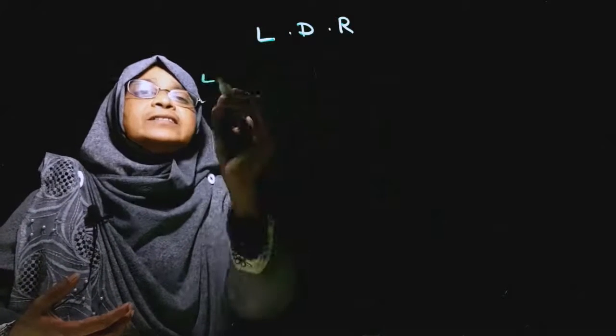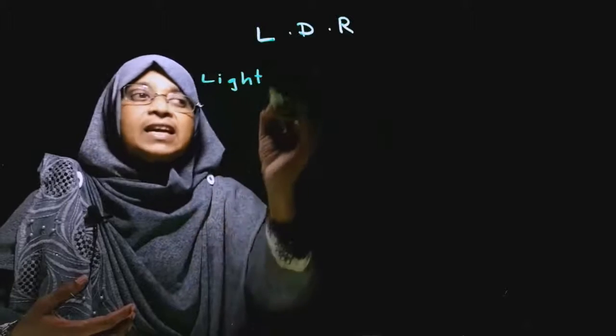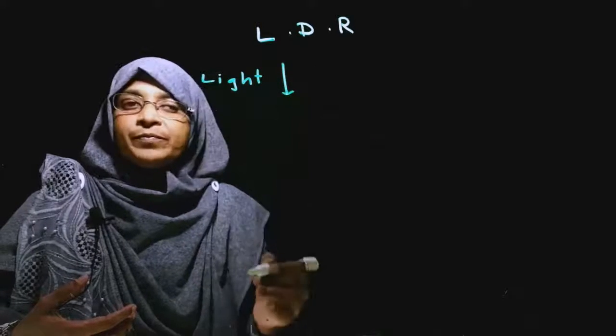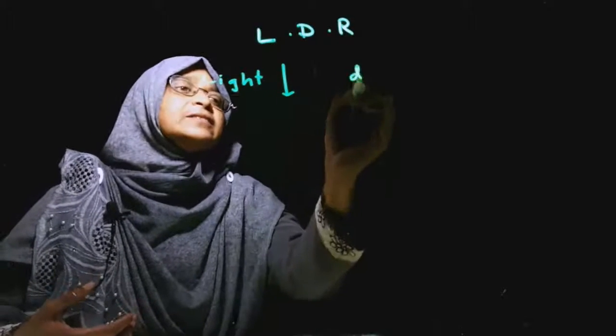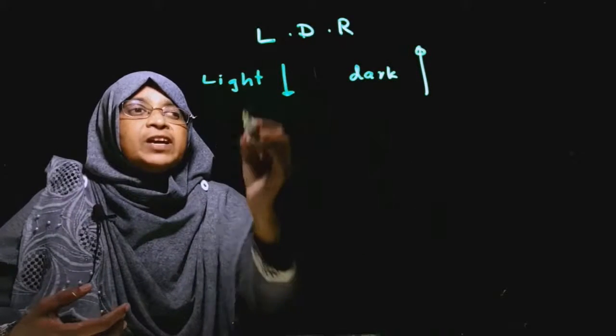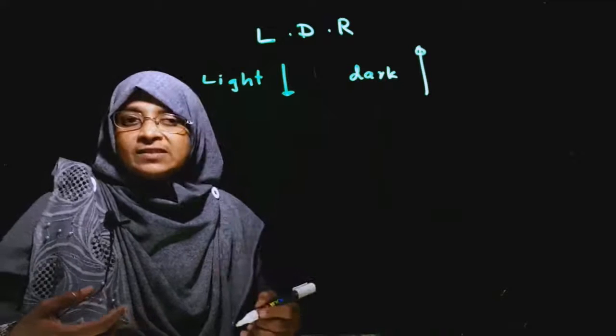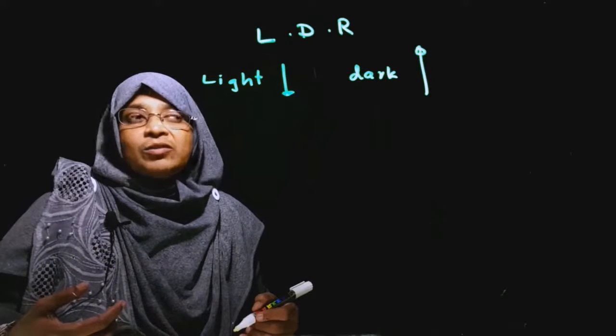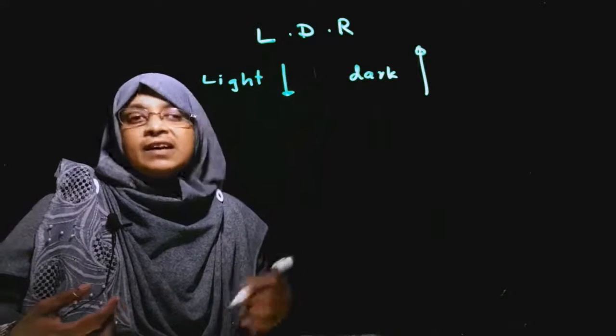LDR varies the resistance high or low. When there is light, the resistance is low, and when it is dark, the resistance is high. So, we use these situations to make auto switches in the circuits.